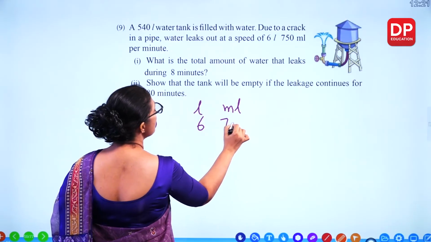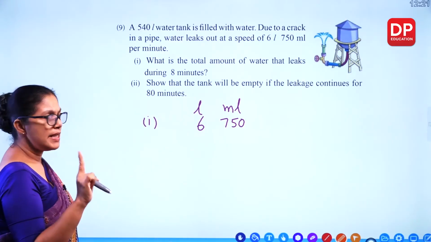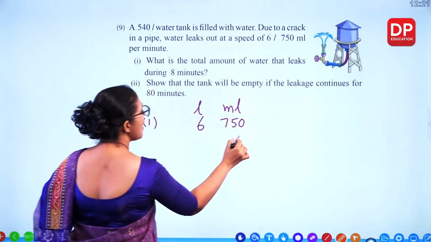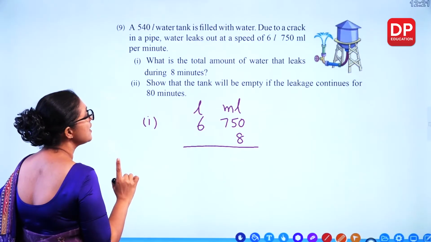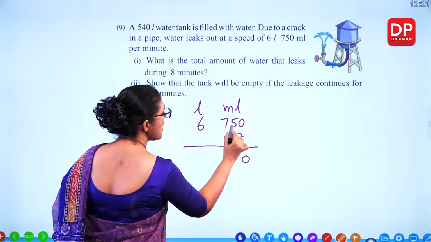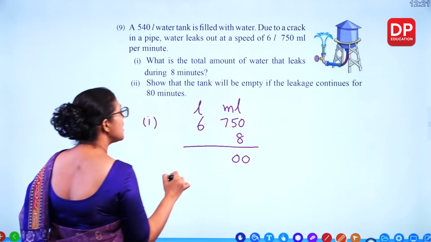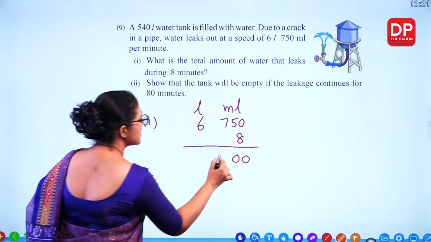We need to find out the amount of water that leaks within 8 minutes. 8 times 0, 0. 8 times 5, 40. 8 times 7, 56 plus 4, 60.